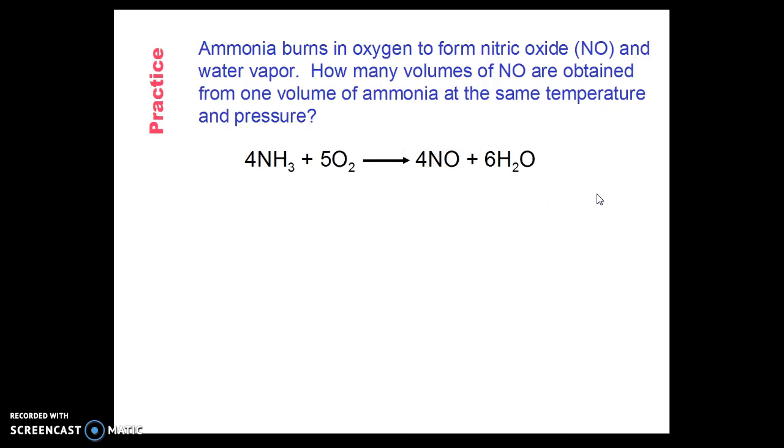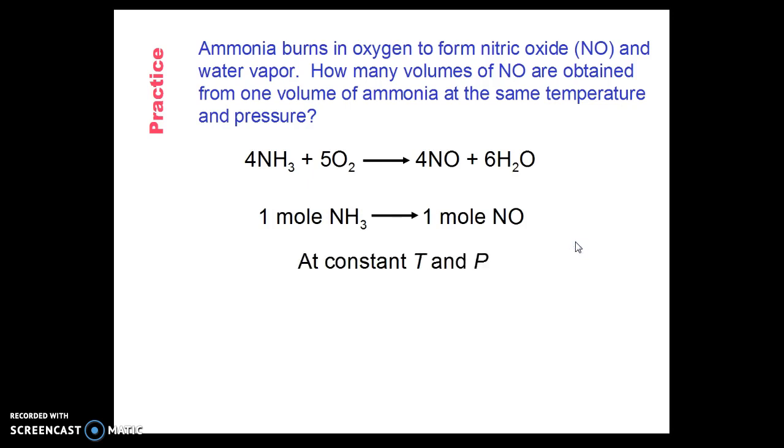Oh, well, that must mean that the ratio of moles is 1 to 1. And at the same temperature and pressure, that must also mean that the ratio of volumes is 1 to 1. So 1 mole of ammonia gives you 1 mole of NO. At constant temperature and pressure, though, 1 volume of ammonia will react to form 1 volume of NO.